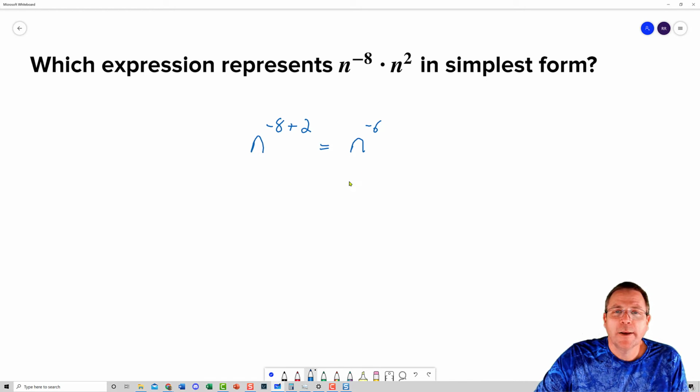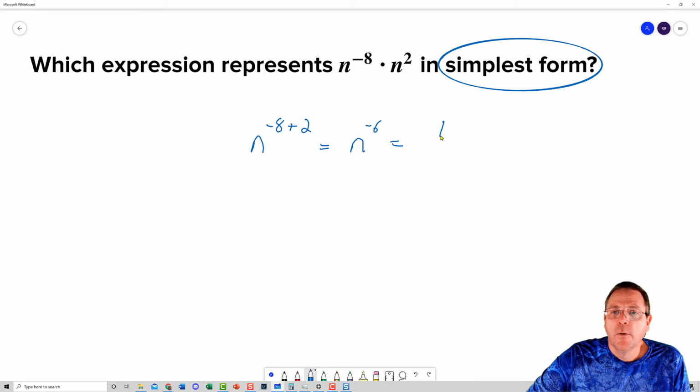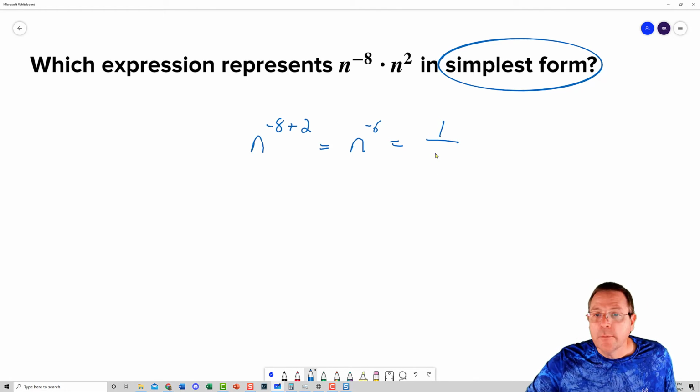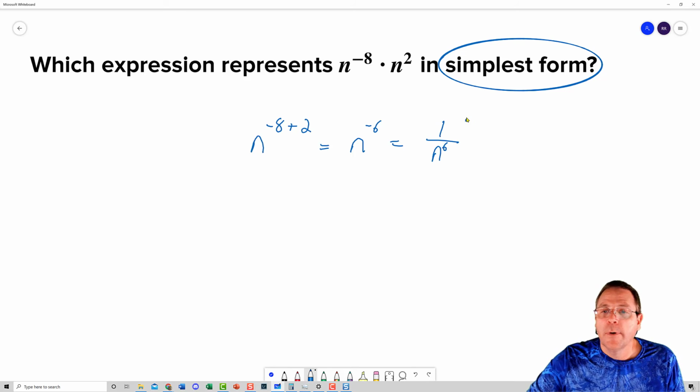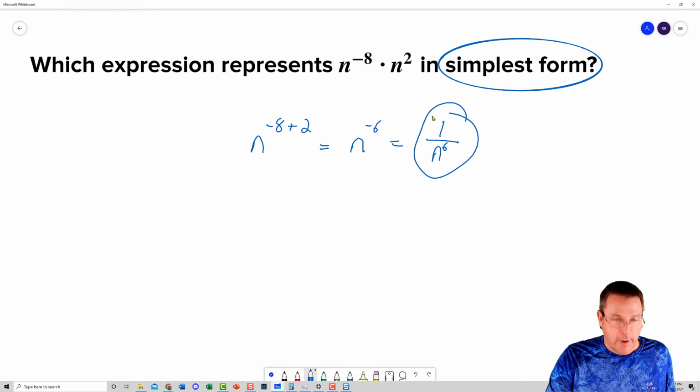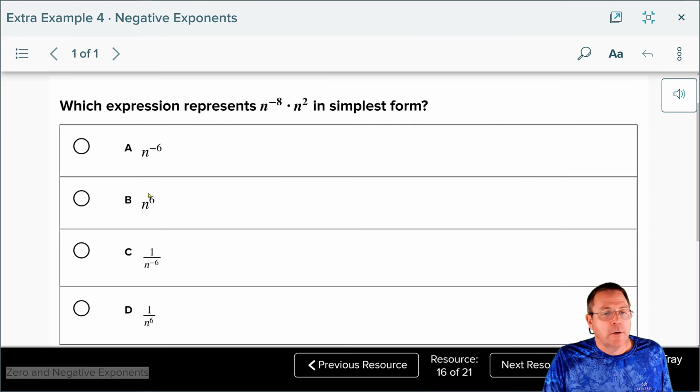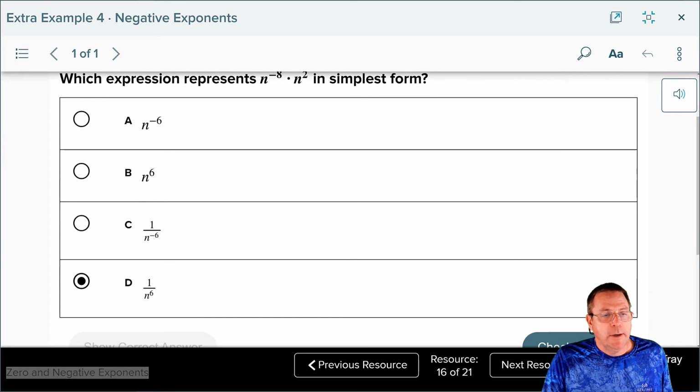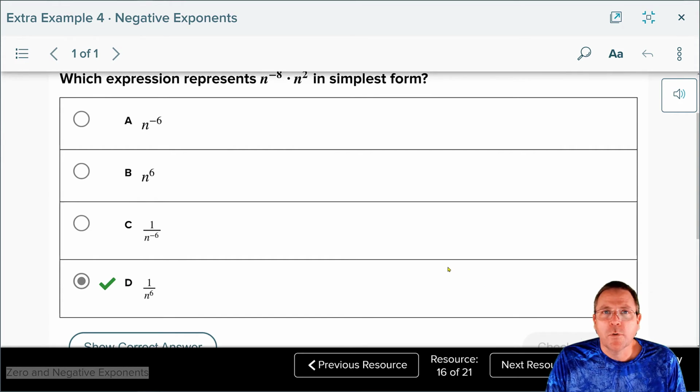That's going to become a negative 6. Now, if we don't want that to be a negative exponent, which in simplest form means it cannot have a negative exponent, we're going to take the reciprocal of it, make that 1 over n to the positive 6, and at that you have your final answer. Come back over here. That would end up meaning D is going to be the answer we're looking for.